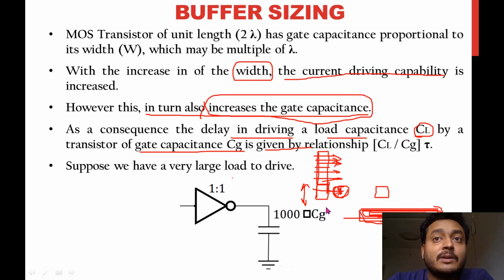So in that case what is the delay? Delay is nothing but R into the load capacitance. What is R here? The R is one time RS, because only the 1:1 ratio is there, into the load, which is 1,000 times CG. So 1,000 into R into CG means 1,000 tau, so you're going to get 1,000 tau delay.